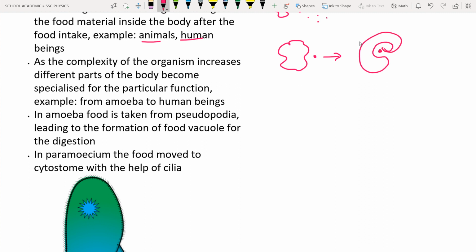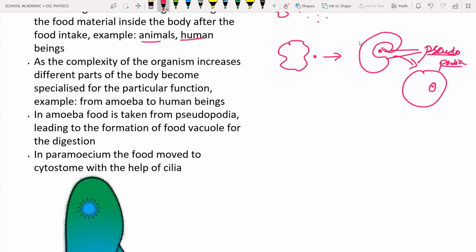The bacterium will be taken inside, and after that there is a formation of the food vacuole. So inside it there is a bacterium. In this way, the food material will be taken up by the amoeba by the formation of pseudopodia. Here you can see the pseudopodia. Pseudo means false, podia means leg-like or finger-like structure, an organelle used for locomotion.